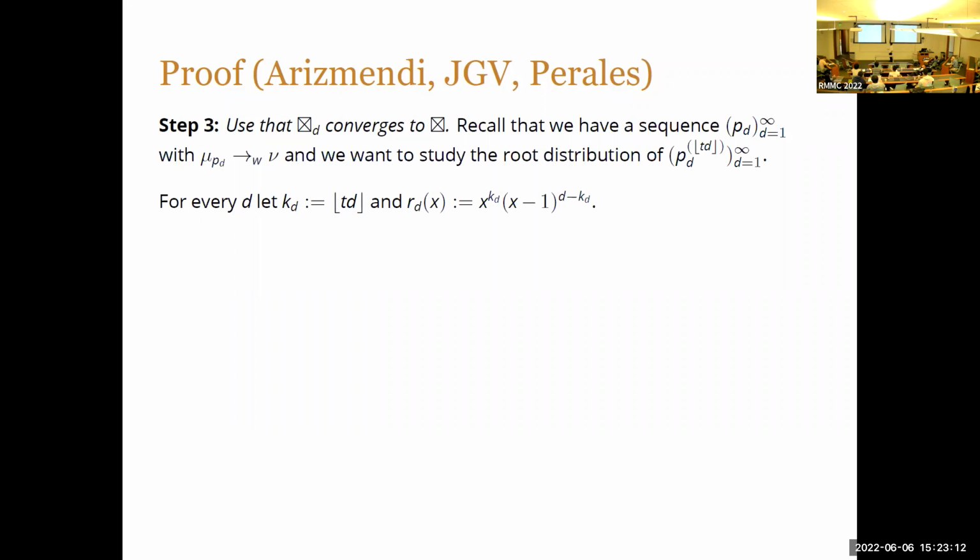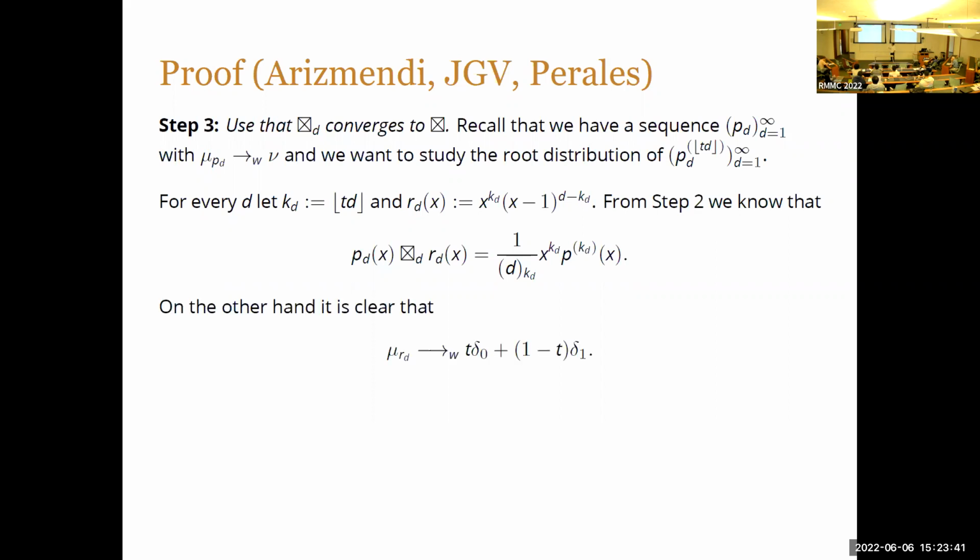We want to take t times d derivatives, so let k be t times d. Then let R_d be this polynomial over here. By what we showed in step 2, p convolved with this R is going to be x to the k_d times the kth derivative of p. Okay.